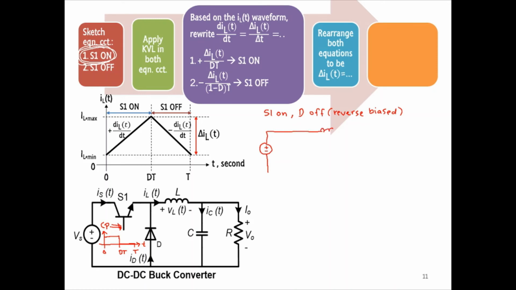Hence, we can have this equivalent circuit. Next, we need to apply KVL to obtain a voltage equation, and based on the positive slope, we need to rearrange the equation so that we can obtain the equation of the change of inductor current.